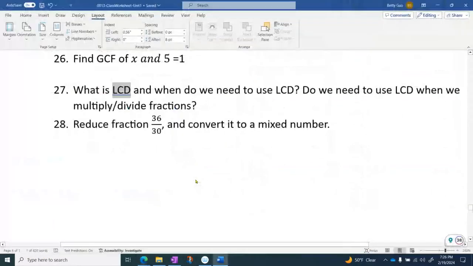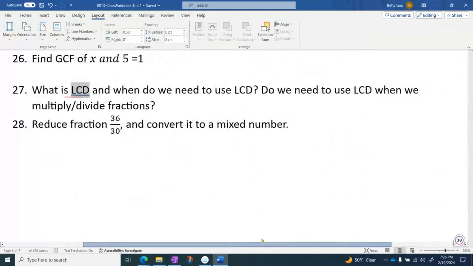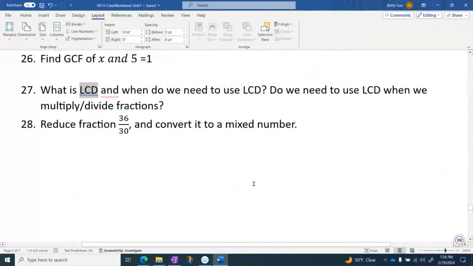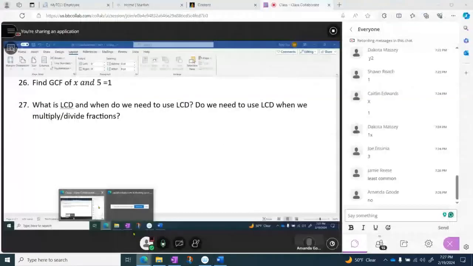And anybody remember when we use LCD? When we deal with fractions, do we need an LCD when we add, subtract, multiply or divide fractions? You are right. Let me write it down.